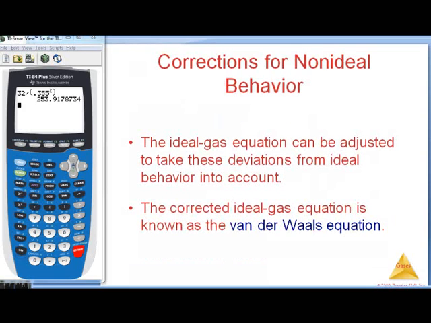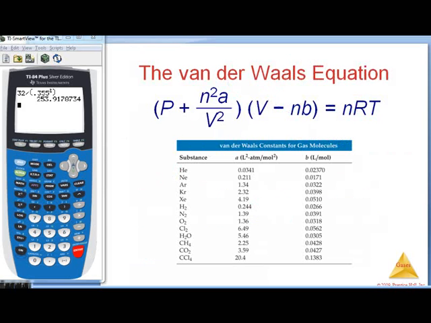So there is an equation called the van der Waals equation, which can be used for adjusting for this non-ideal behavior. Okay, and this equation, which looks like a mess, is on the equation sheet, and what you need to know is when you move away from ideal behavior, you're adding something to the pressure. So pressure is going up, and you're subtracting something from your volume, right?